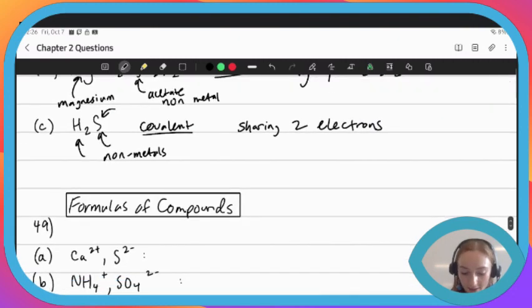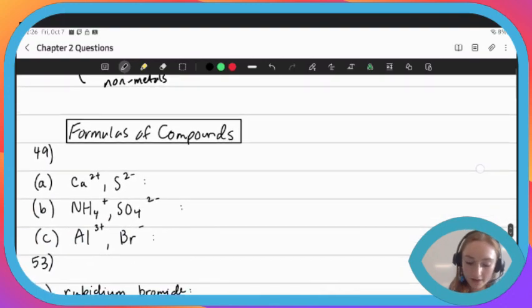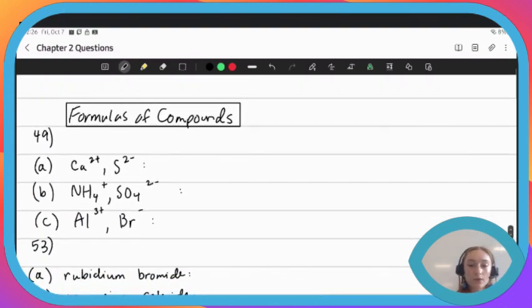If we don't have any questions, I'm going to move on to formulas of compounds. So this is 49A that we're going to be working with. The first one I have here is calcium, the second one is sulfur. Calcium is a metal, and it's also an alkaline earth metal, which goes together with the 2 plus column.